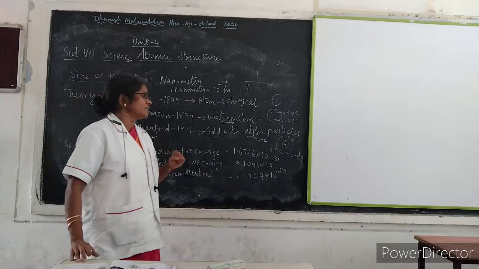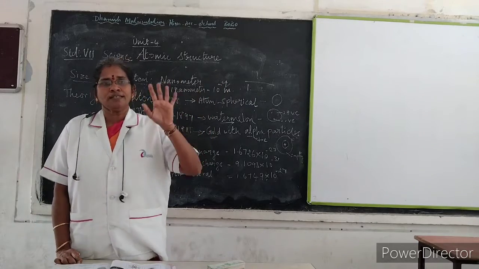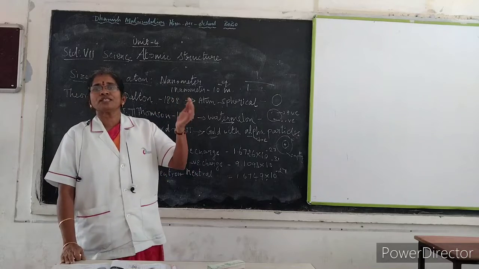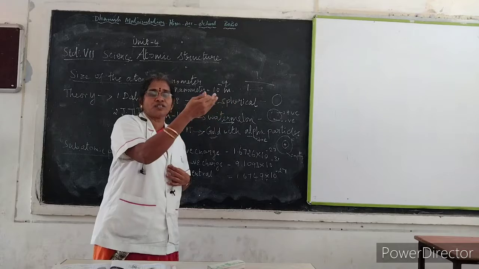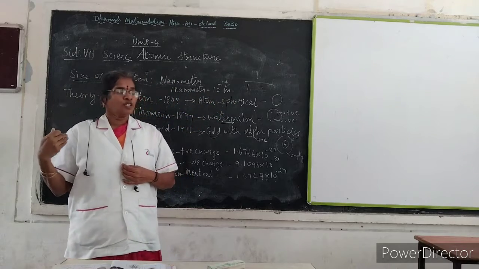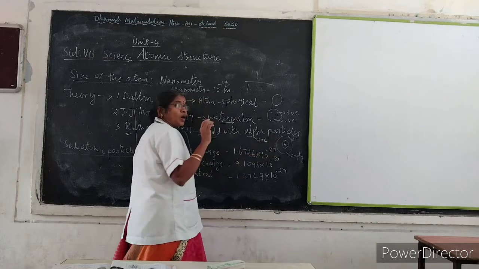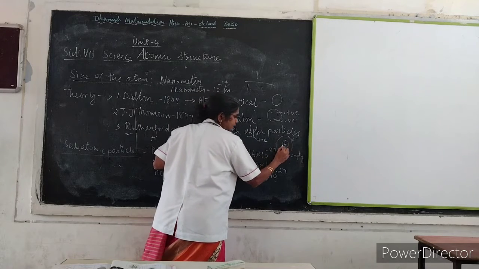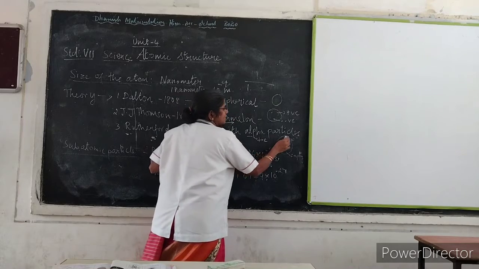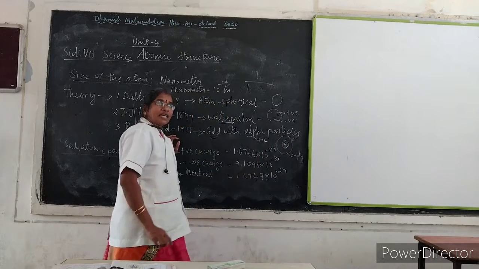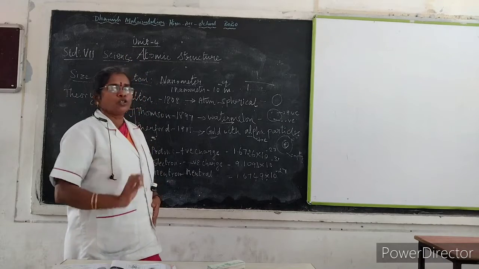He observed that some of the particles passed through the gold sheet, and some of the particles, after colliding on the gold sheet, came back outside. So what he told is, the atom has a positive charge at the center, collected at a particular point, and the atom also has negative charge which is revolving around the nucleus.